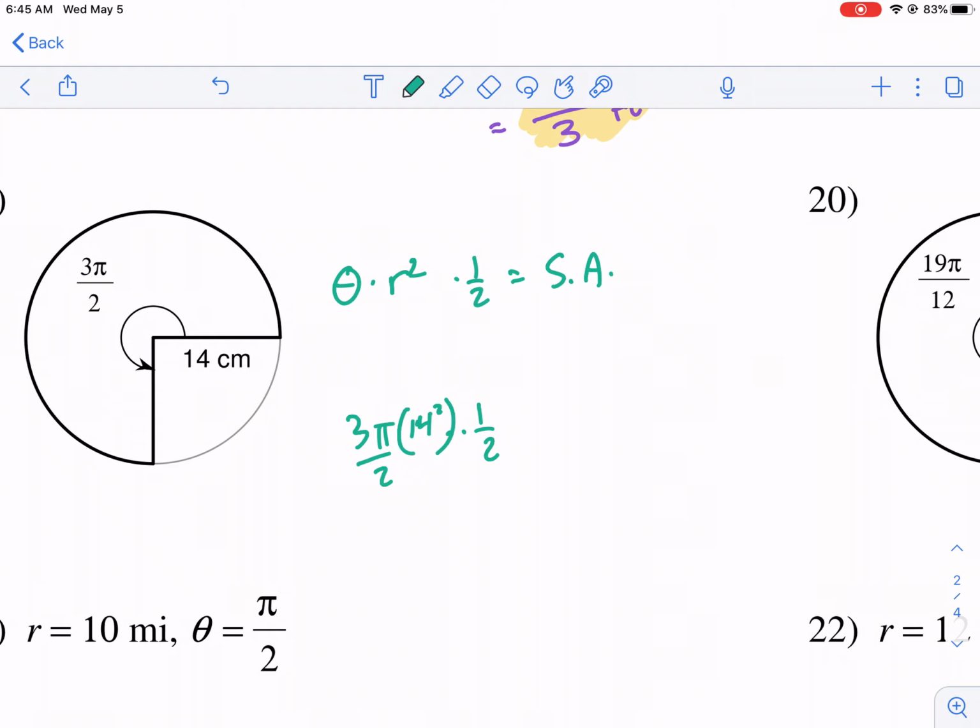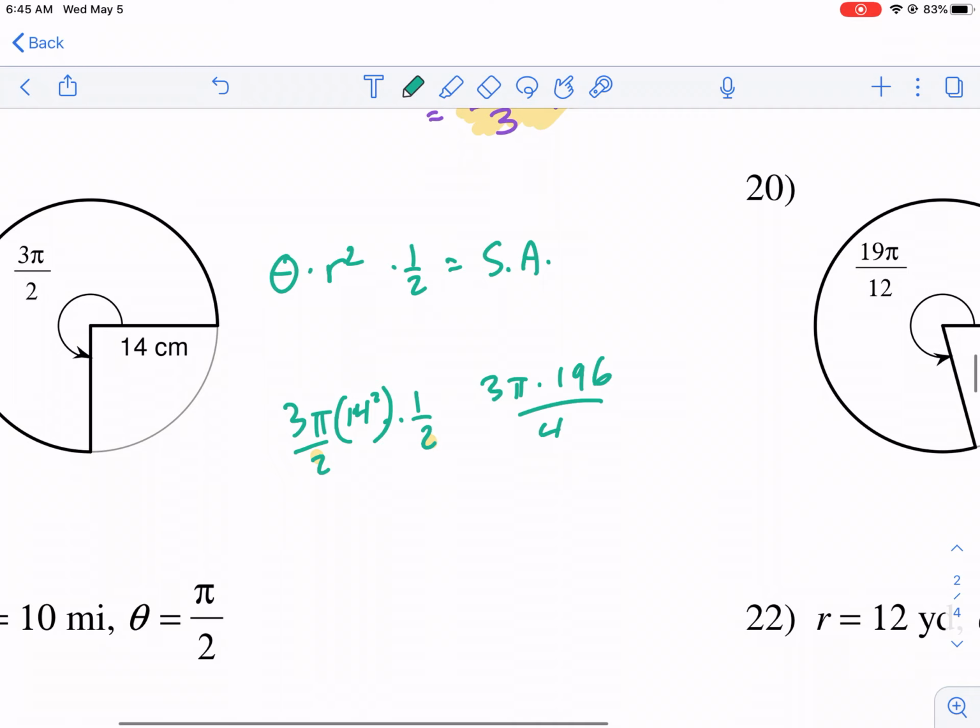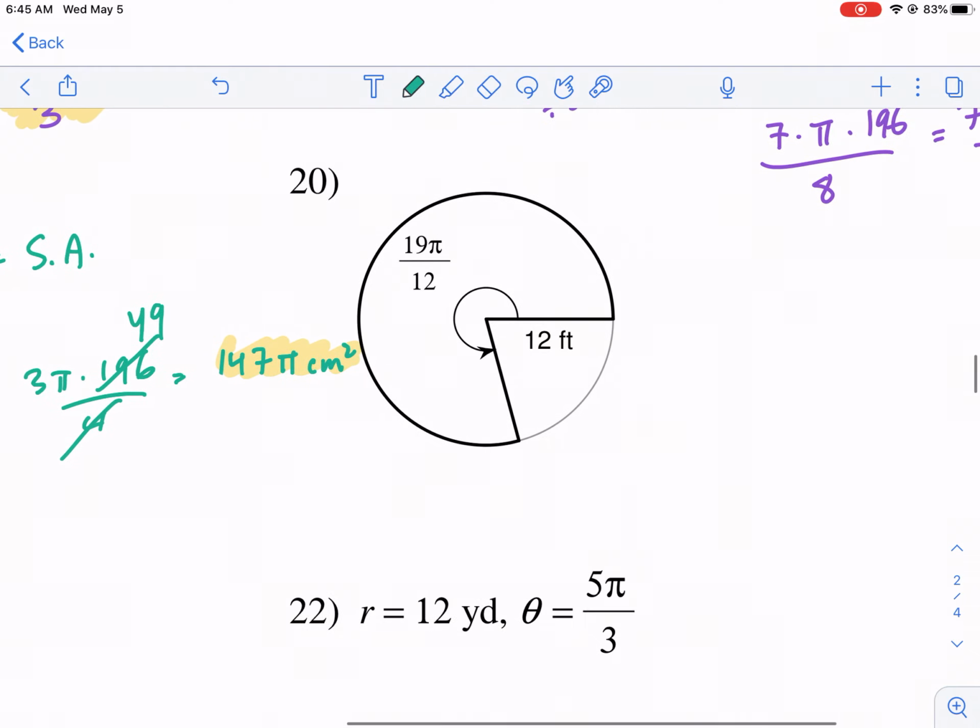I get 196. 3 pi times 196, and then over 4. I multiply the two bases together, and I get 4. 196 is divisible by 4. It gives me 49. So I'm just going to cross off this, write 49. So now I just do 49 times 3 times pi. I get 147 pi centimeters squared. So you can see with radians it's a little bit easier. And we'll do one more, this one.